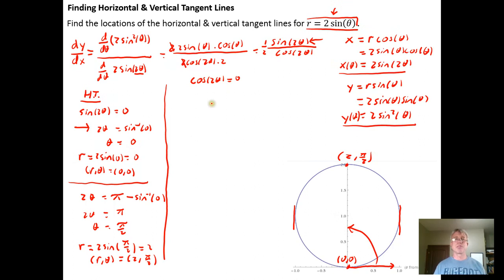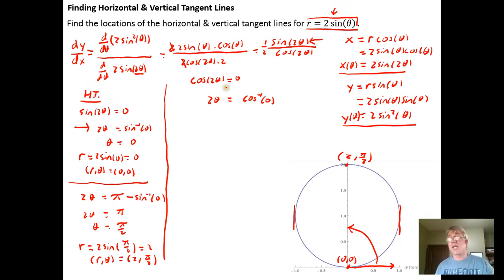And we go through the same game. We go twice theta equals the cosine inverse of both sides, so cosine inverse of 0. And then we remember that the cosine function has even symmetry.